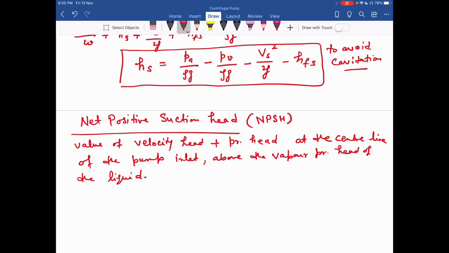Okay, so now I can write this as NPSH equal to Vs square divided by 2G plus Ps divided by rho G minus PV divided by rho G. Okay, so this difference is NPSH.